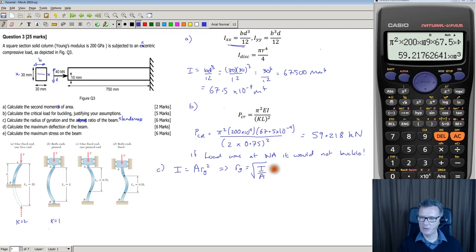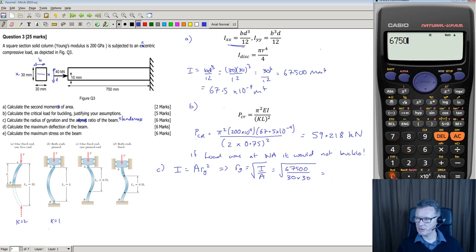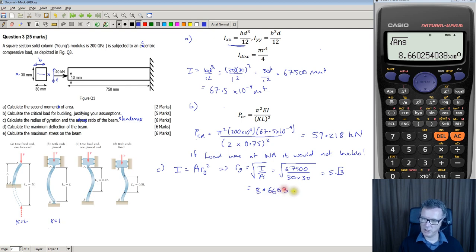Let's work in millimeters. 67,500 divided by the cross-section area, which is 30 times 30. Let's take the square root of that. That gives me 5√3, or as an engineering answer, 8.6603 millimeters.